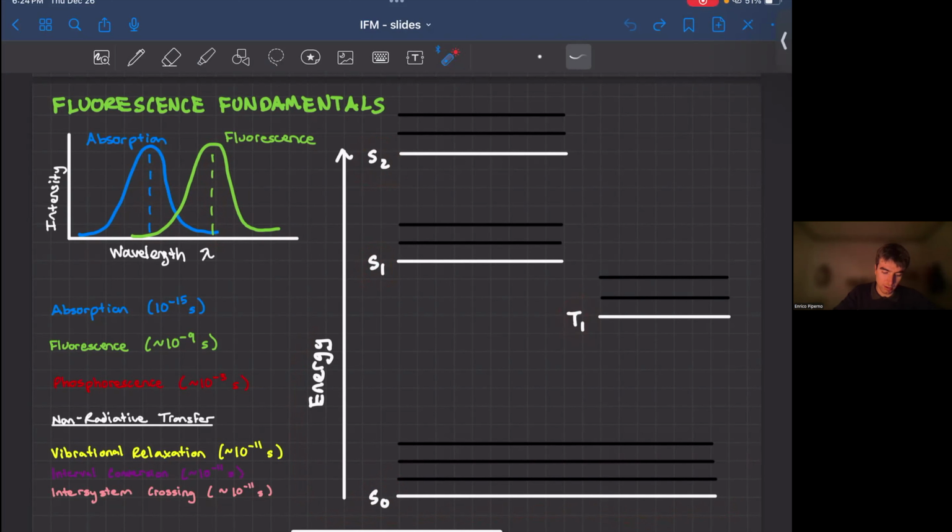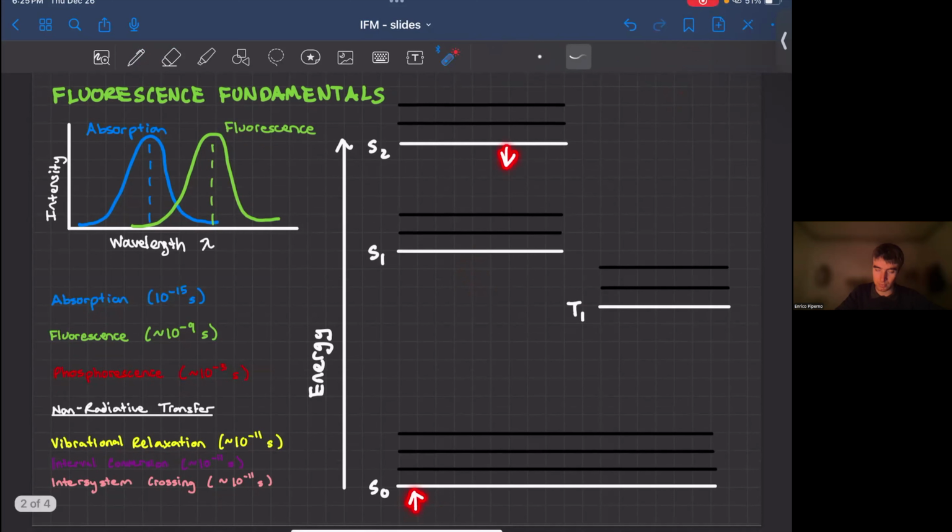The ground state of this molecule occurs when both electrons are in the ground state and are paired or anti-aligned. In the first excited singlet state, one electron is in the ground state while the other is in the first excited singlet state, but paired. Same happens in S2.